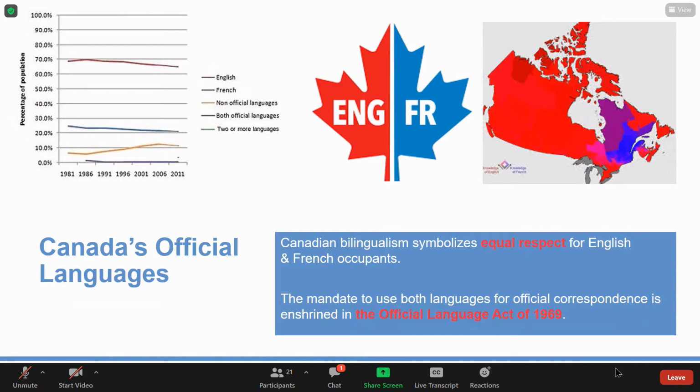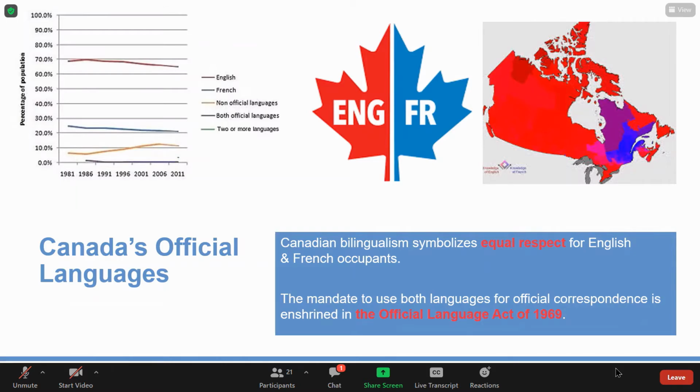Can someone remember which province that was? Nunavut. New Brunswick. Yes, New Brunswick is the only bilingual province, where if you call the education center, they have English and French. And if you call immigration from there, they also have English and French. So it works both ways.